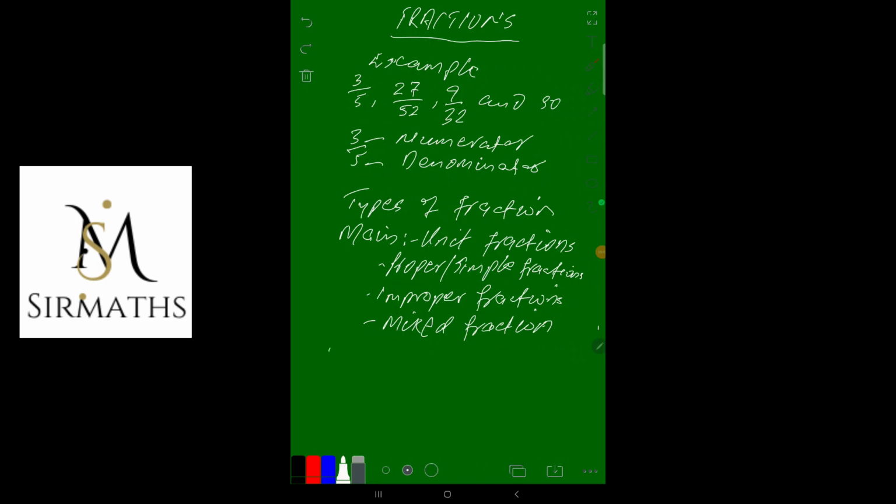There are other fractions. In order, we have like fraction. These are based on the groups.